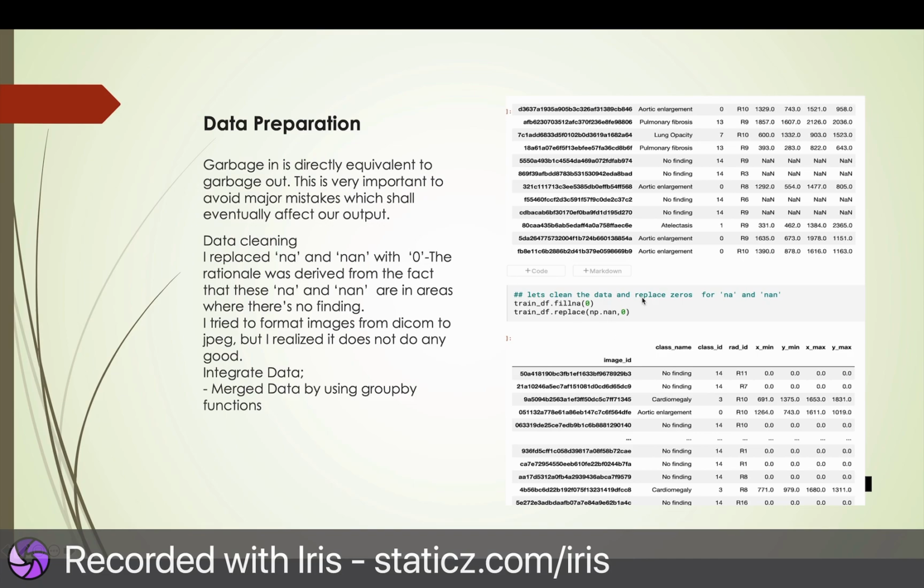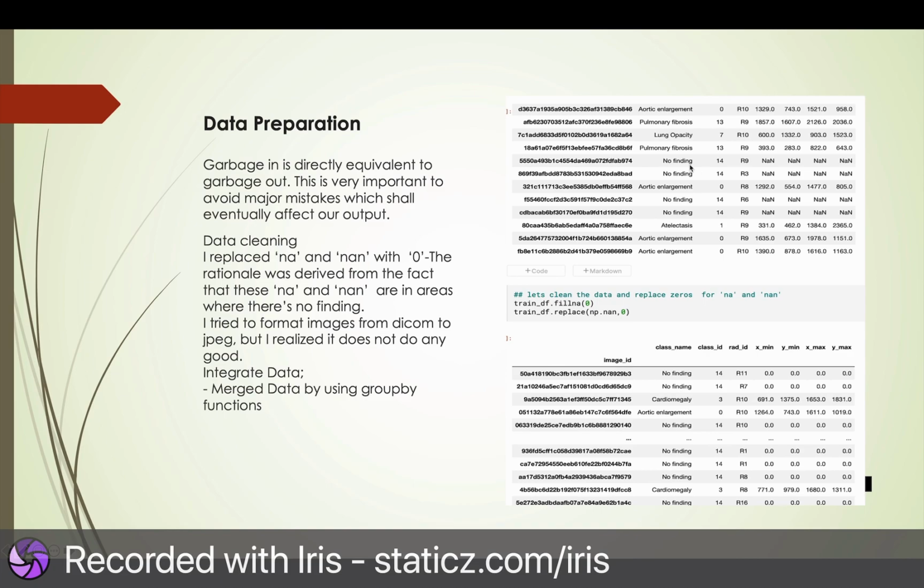So there is a classification here: the class name, the class ID, and the radiologists who have classified this as having no finding or having some abnormality like cardiomegaly. So the first time I did this, it gave me NaNs, NaNs, and this means that from the metadata these are empty spaces.